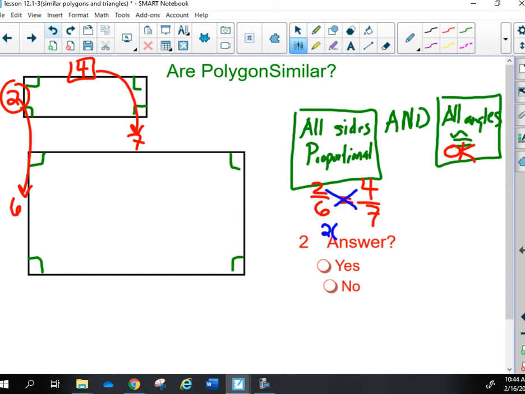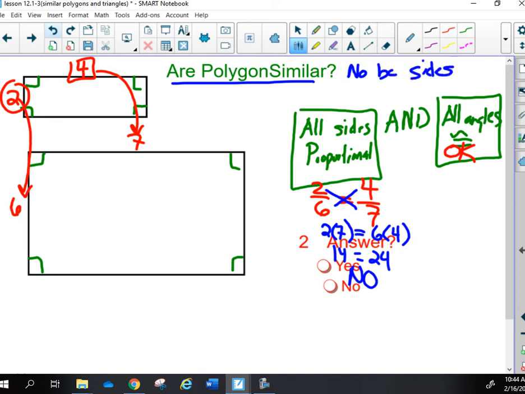I want you to take the cross product. 2 times 7, is that equal to 6 times 4? Does 14 equal 24? That is a no. And so therefore, are these polygons similar to one another? You would say no, because, you have to say why or why not, sides are not proportional.